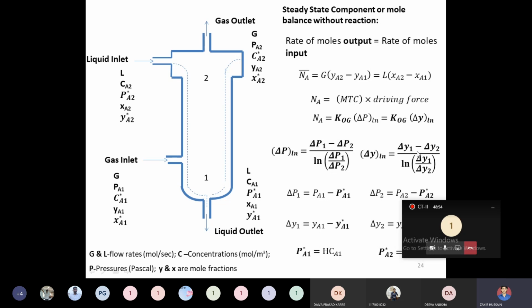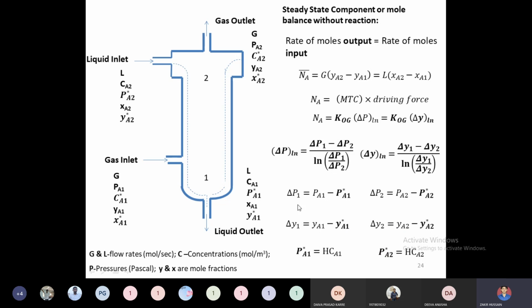So delta Y LN is the same, instead of P1 we are writing Y1. So what is this delta Y1 and delta P1 and delta P2? Delta P1 and delta P2 are nothing but these pressures. So here at point 1, you see PA1 minus PA1 star. These two, the difference between the partial pressure at inlet and the equilibrium partial pressure at the outlet, this is the delta P1.